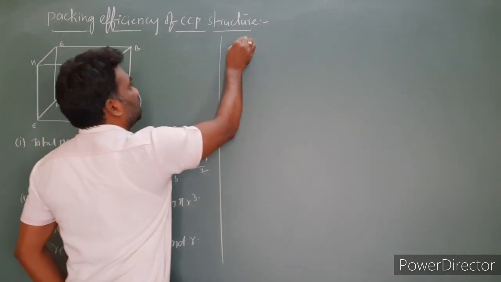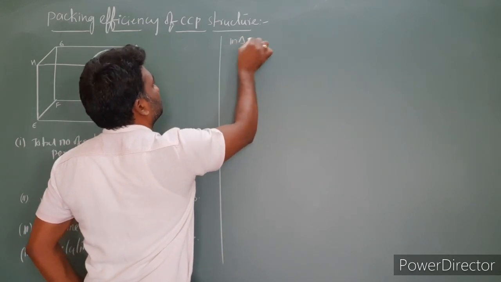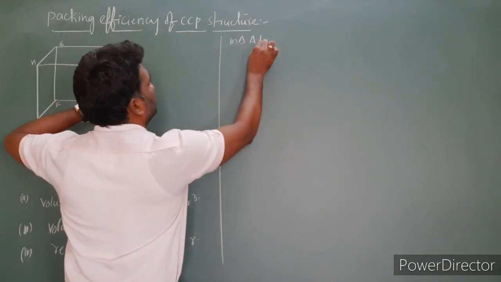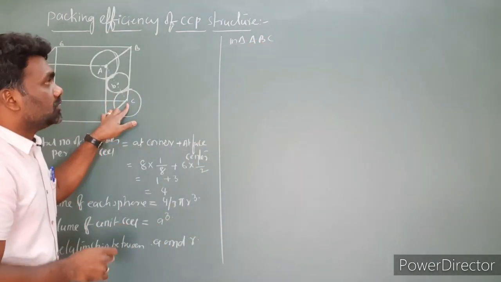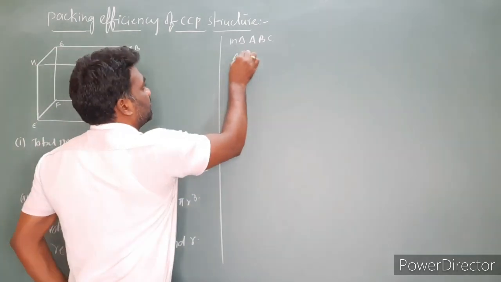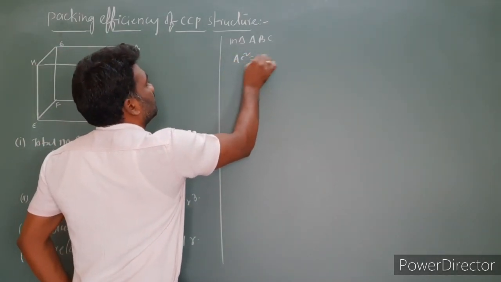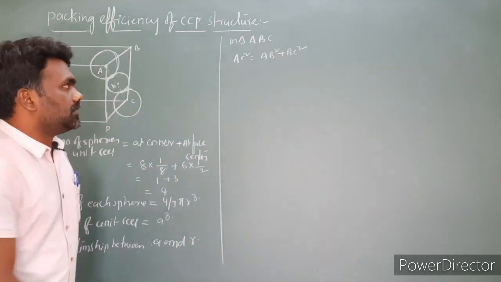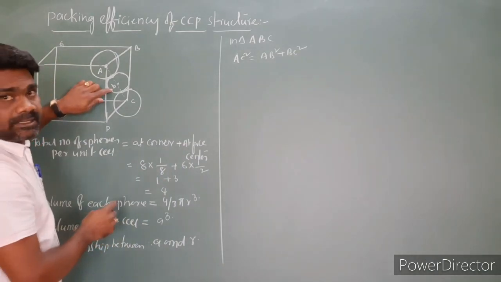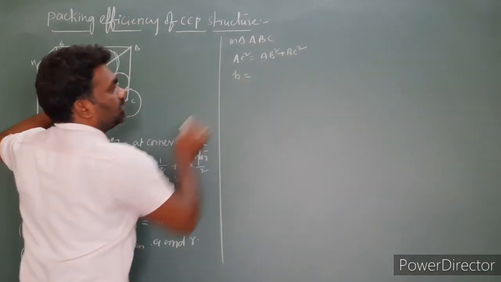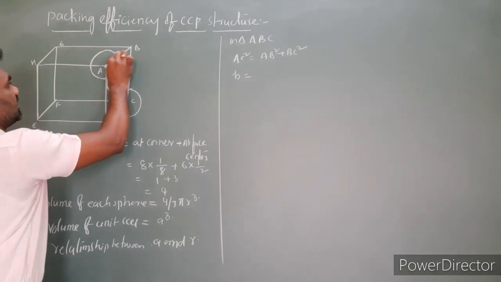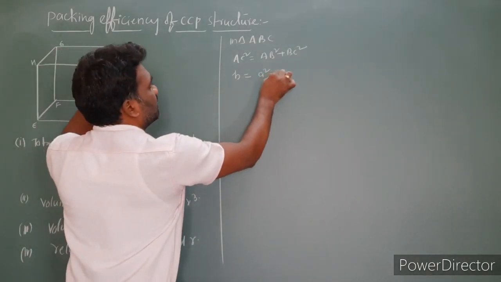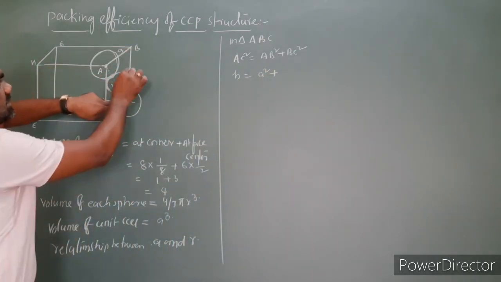In triangle ABC, by using the Pythagorean equation, AC square is equal to AB square plus BC square. So AC square is nothing but b. AC square is equal to b. b is equal to AB square, where AB is the edge length a. This will become a square plus BC square, where BC is also the edge length a.